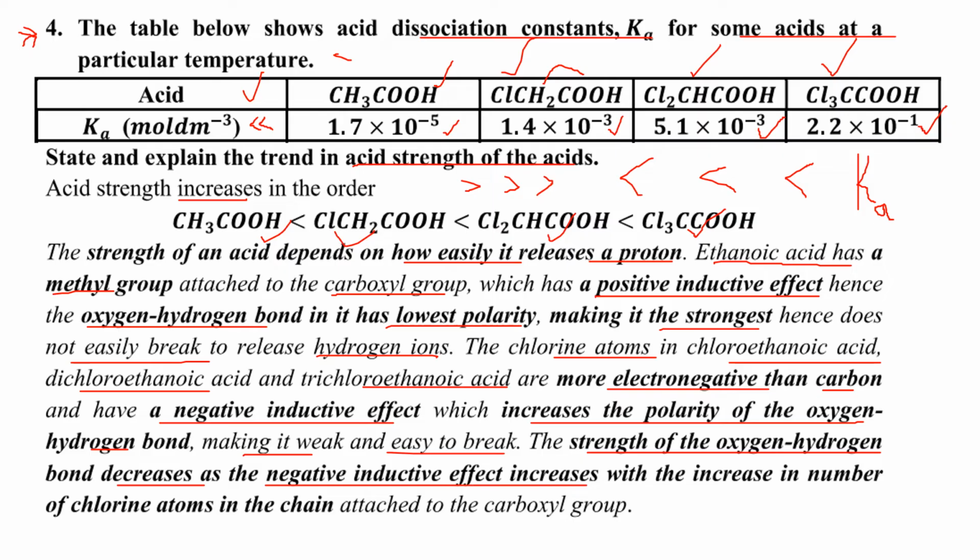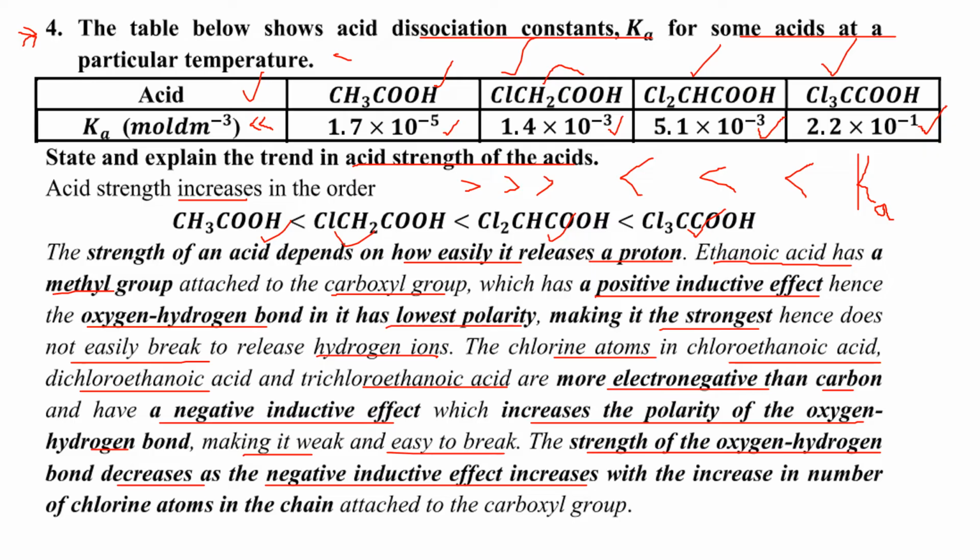And we say that what increases the negative inductive effect is the number of atoms that exert it. When you look at the first or second question, we saw that oxygen was the one, and the more oxygen atoms, the more the negative inductive effect increases. Here we look at chlorine instead of oxygen. So the more chlorine atoms there are, the more the negative inductive effect increases. And once it increases, our oxygen to hydrogen bond becomes more polar, or very easy to break.